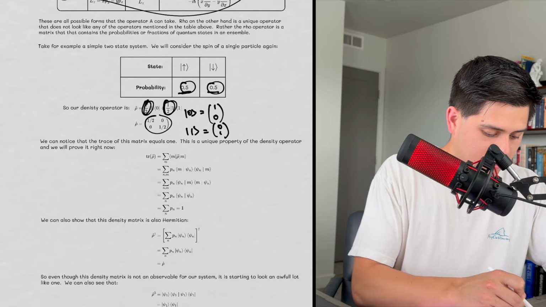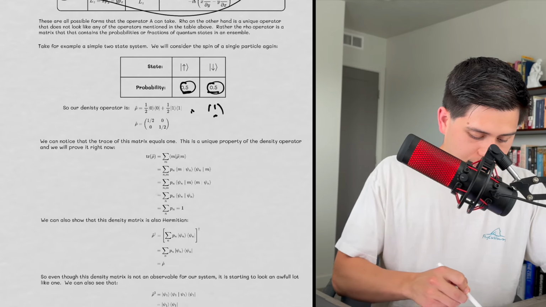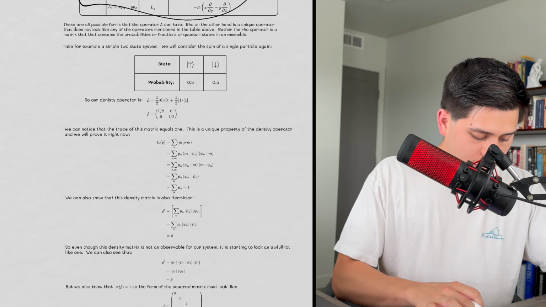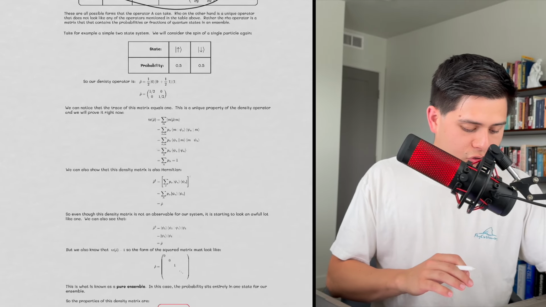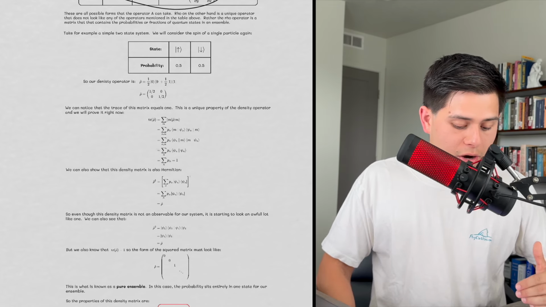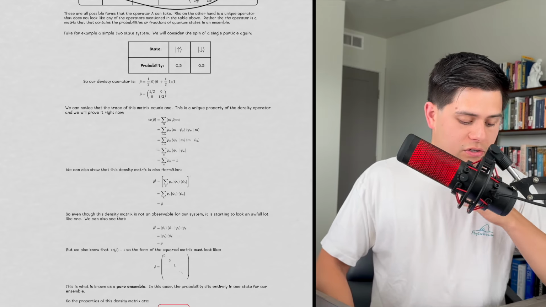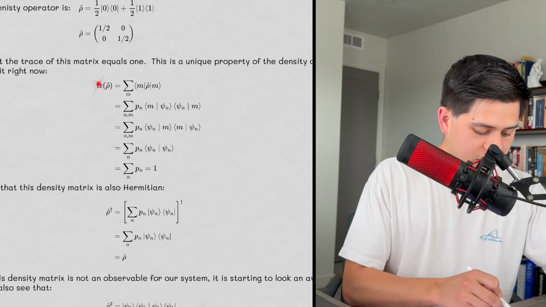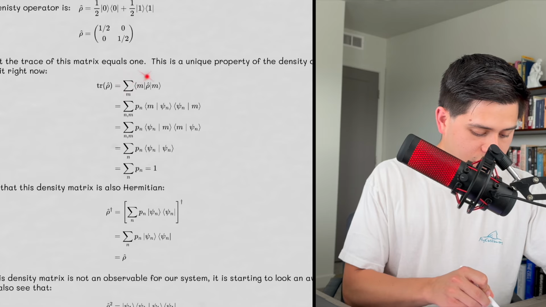Let me erase some of this. Let's continue. We can notice that the trace of this matrix equals 1. This is a very unique property of the density operator, and we're going to prove this right now. We take the trace of our density matrix, and that's going to equal this right here.